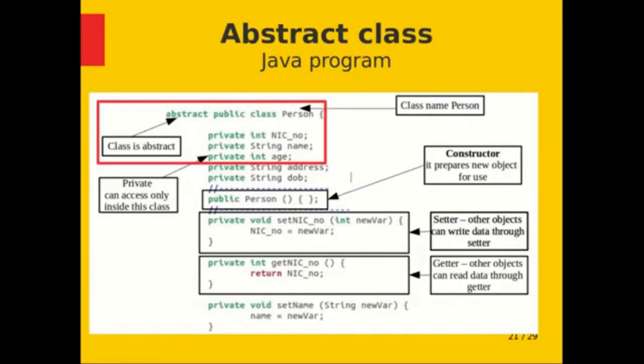Description of an abstract class by a Java program. An abstract class in a Java program is defined with the word abstract at the beginning of the class. The class name, person, and the scope, public, are defined after that.